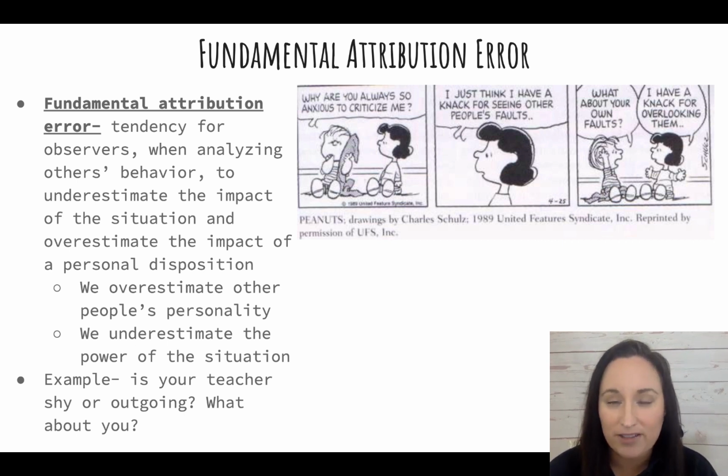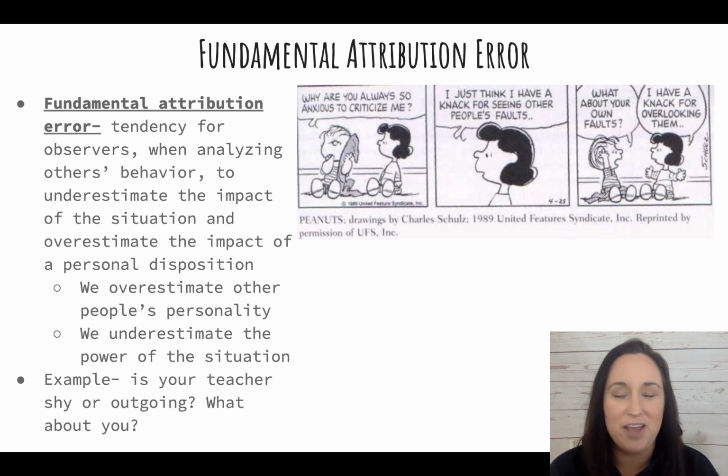Why did that person not do their homework? Because they're lazy. Why did I not do my homework? Because I was really stressed out, my mom made me do all of these things, and then I got home late from practice. So, situation. We tend to explain our own behavior because of the situation, and we have this error in thinking that for everyone else, it's just who they are, instead of looking at the situation around them.